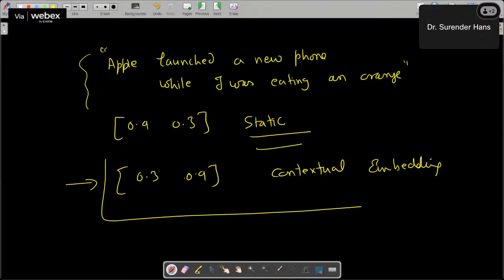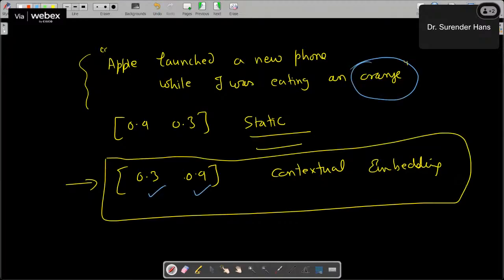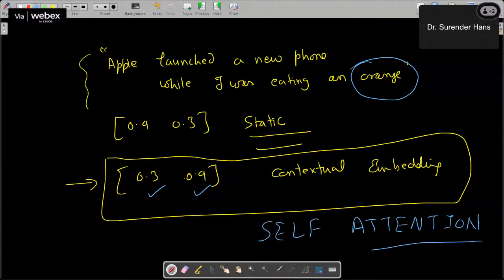So to solve this kind of problem with this static representation, we use self attention. This problem we can solve through self attention.